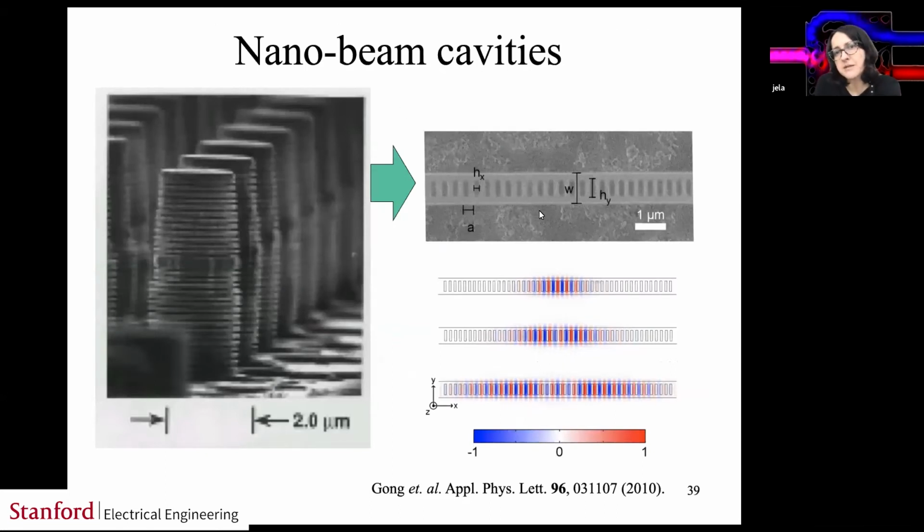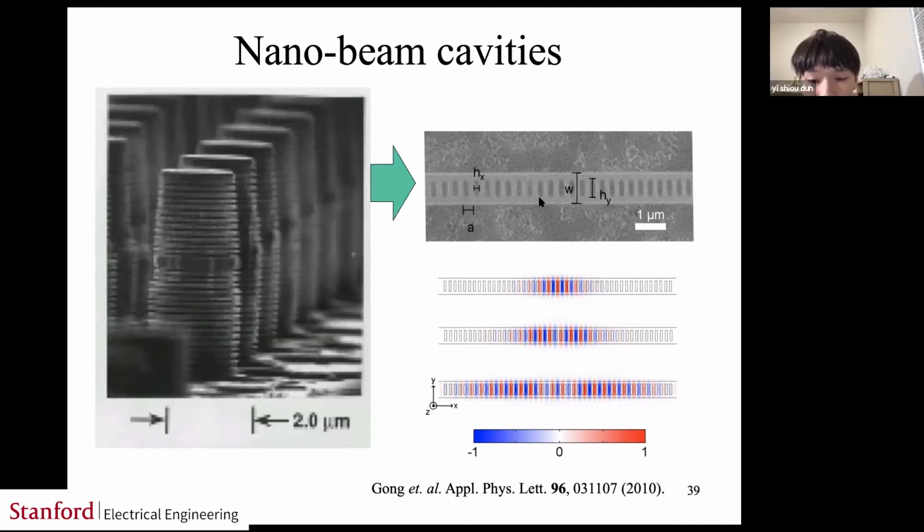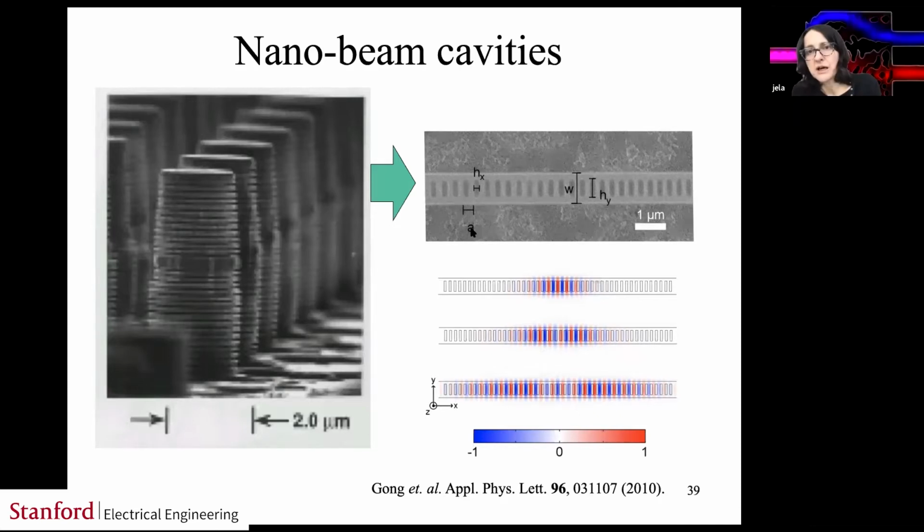And nanobeam cavities are essentially just planar DBR cavities. It's the same as the DBR micropillar cavities that we talked about before, except that in DBR micropillar cavities, you are growing mirrors by stacking layers of different refractive index. And then in the planar 1-dimensional nanobeam cavities, you're basically making mirrors by etching periodic structures inside of the material with high refractive index, or higher refractive index than the surrounding.